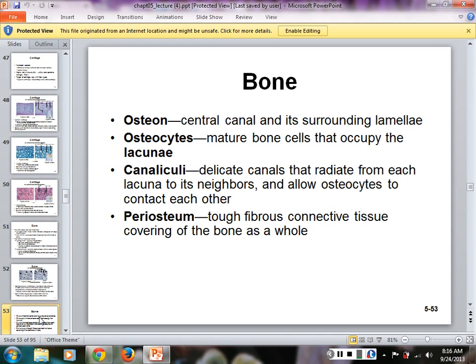Is it dense regular or dense irregular? You can look in your textbook and tell me. It's dense irregular, exactly. That one is the periosteum, and the perichondrium means what? Around cartilage. That's the tough, fibrous, connective tissue they're actually talking about. You got it?